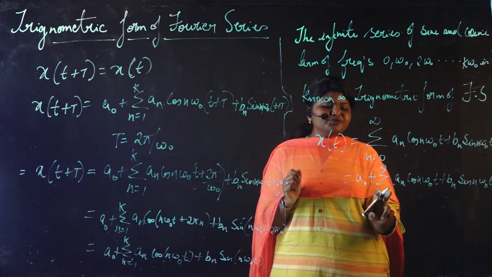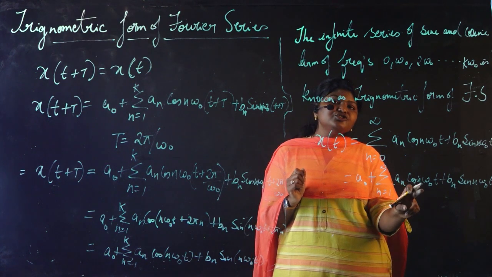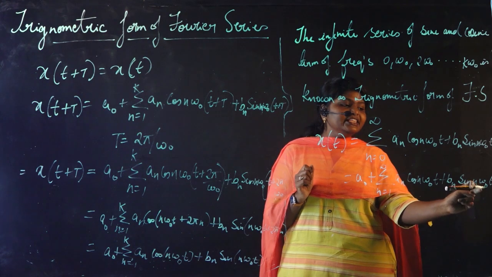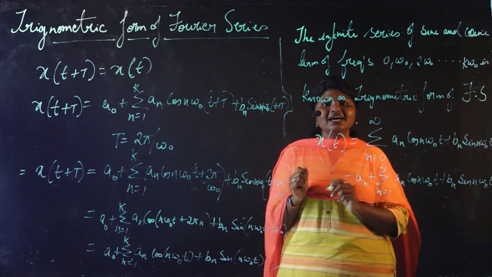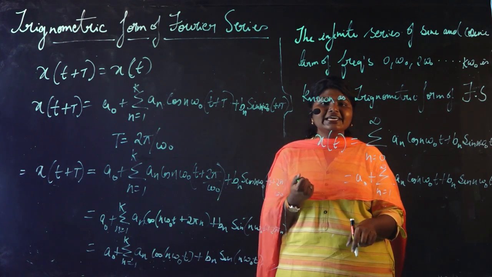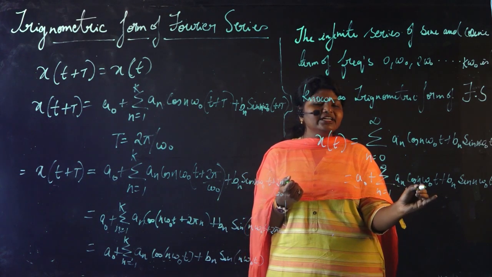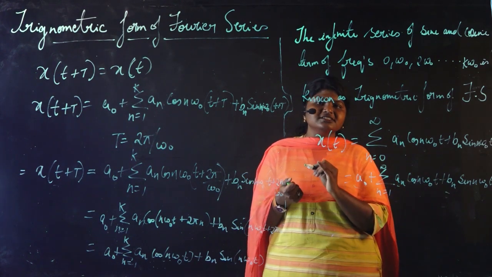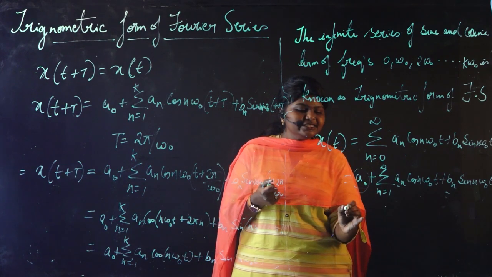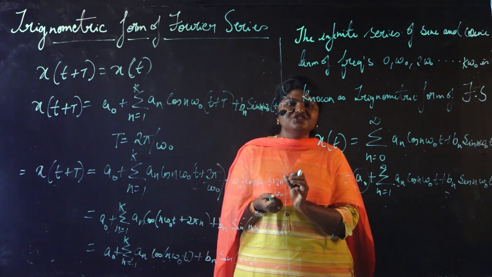If we substitute n equals 2, it will be a₂ cos(2ω₀t) + b₂ sin(2ω₀t), and that will be the second harmonic. If you substitute k, similarly it will be the kth harmonic. The values a₀, a₁, a₂ and b₀ are constants. So a₀ here is called the DC value, or else the average value.